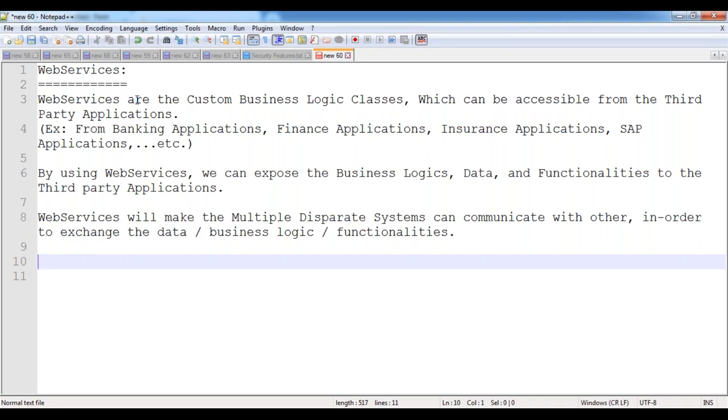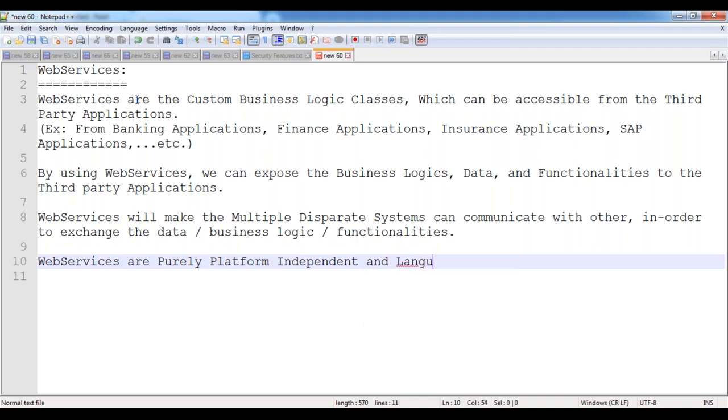They support all the programming languages, all the technologies, all the operating systems, and all the databases, because they use a common format in order to exchange the data.